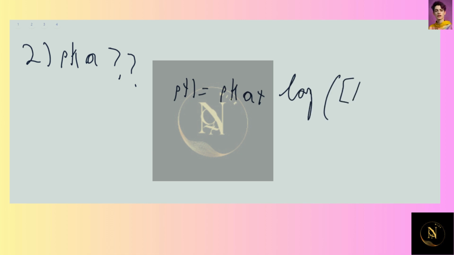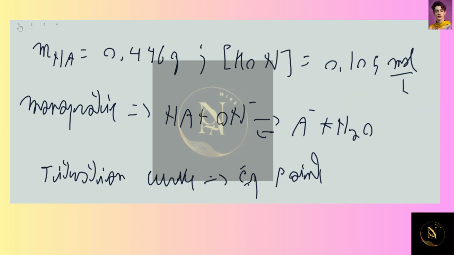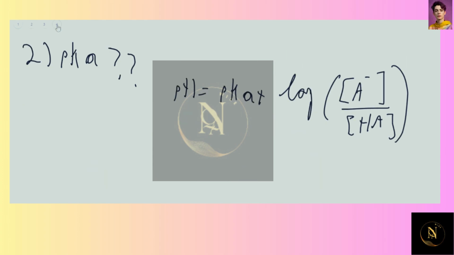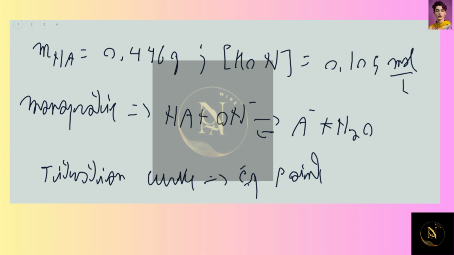In the second part, we want to calculate our pKa. Of course, we know according to the Henderson-Hasselbalch relation, pH is equal to pKa plus the logarithm of the concentration of the conjugate base over that of the acid, which is according to our equation here. Again, remember that it's monoprotic, so HA and A minus.